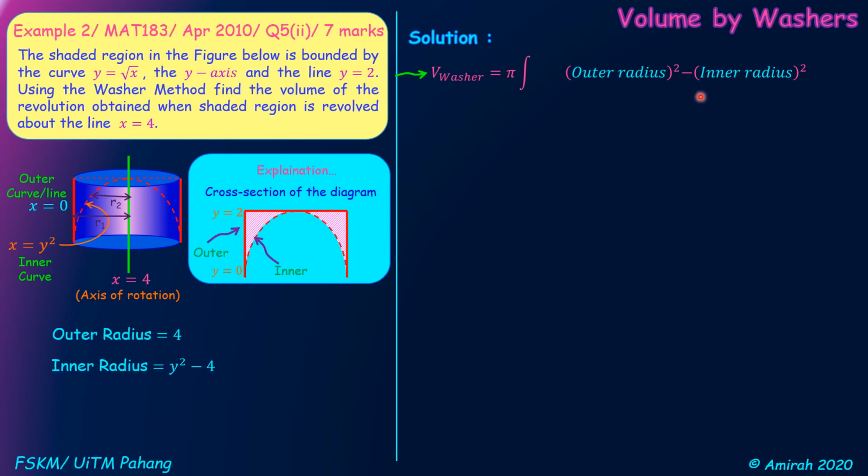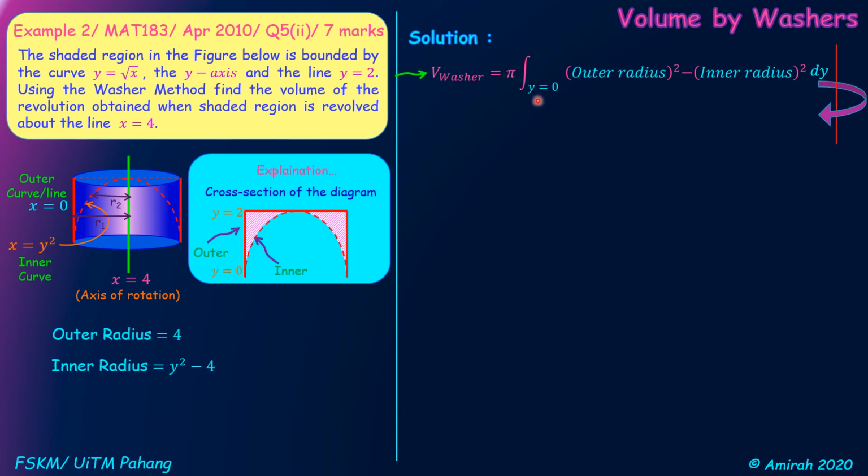So we need to check our axis of rotation. Our axis of rotation is a vertical line. So using the washer method, when our axis of rotation is a vertical line, we need to integrate with respect to y, and we need to use limits on the y-axis.